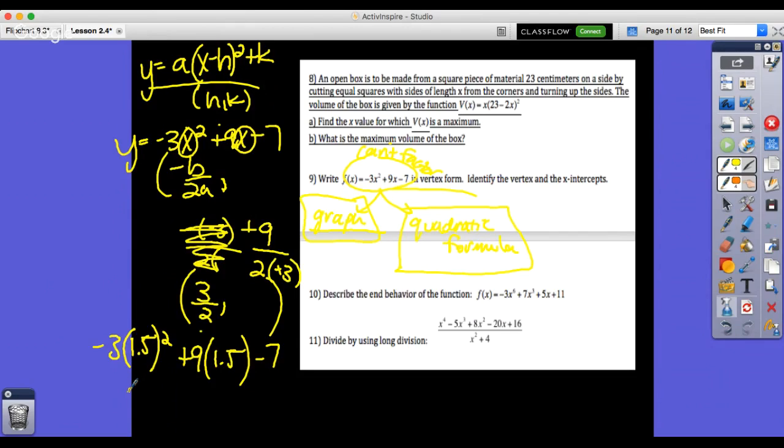And then just do PEMDAS, all the time. Your calculator doesn't understand PEMDAS with the equations you plug in. So make sure that you do 1.5 squared, then multiply and go. Okay. What'd y'all get for that? I'm still working. Cool.